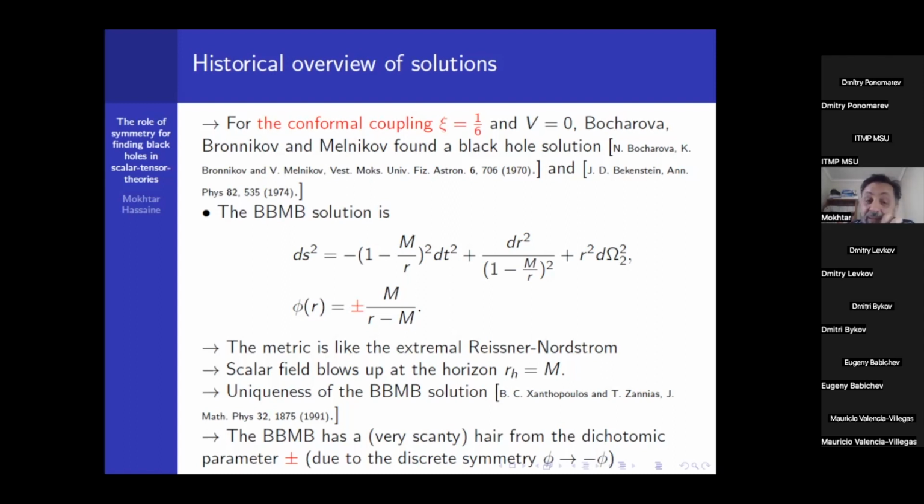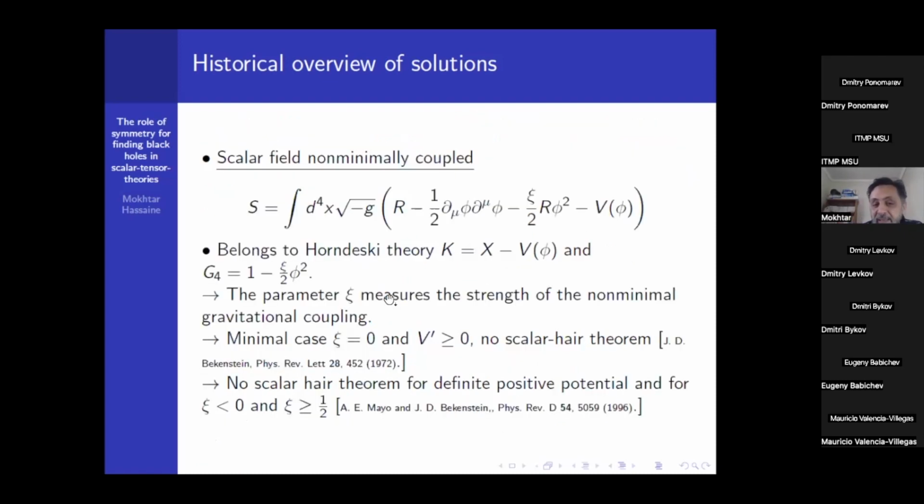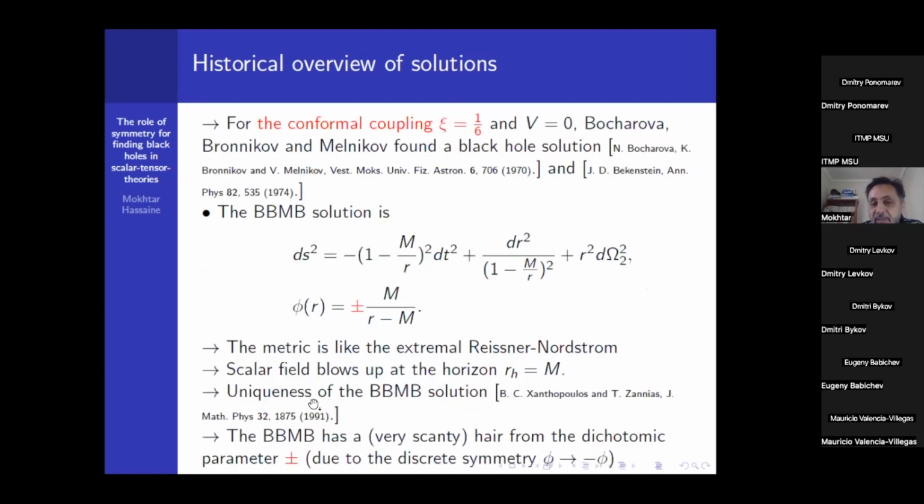To be honest, in between these two values you cannot use this theorem. This is really specific for this range of C. But I will show you another solution where the scalar field is not blowing up, and it's also for C equal 1/6, so it's not because of that. Okay, thank you. You're welcome.